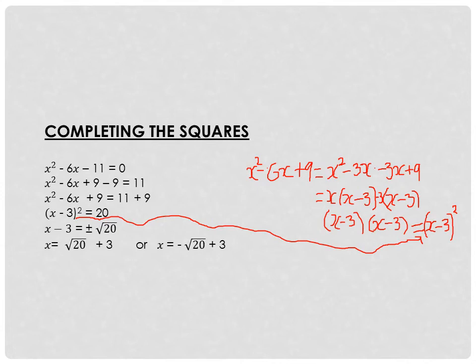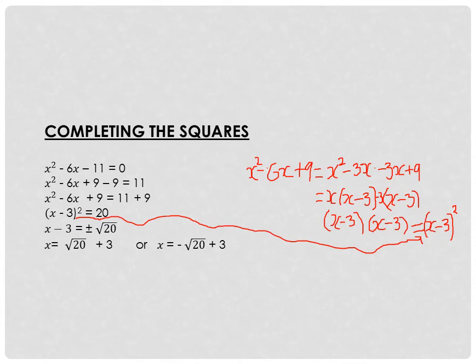Now to solve by completing the squares, we have to find the coefficient of what is in the middle of the equation. The middle one is 6x, and the coefficient of that x is negative 6.